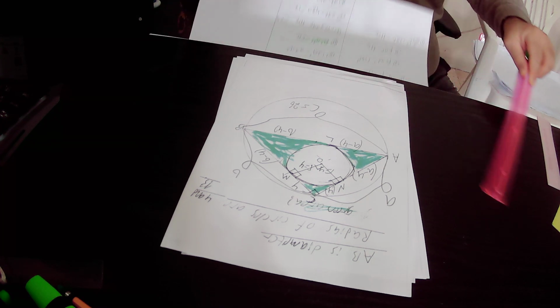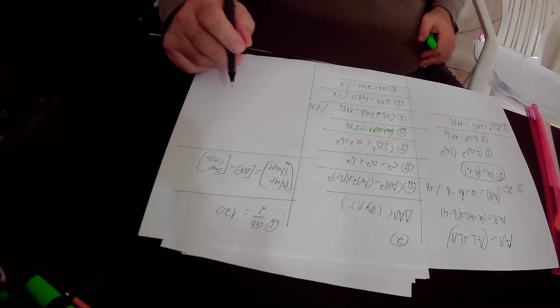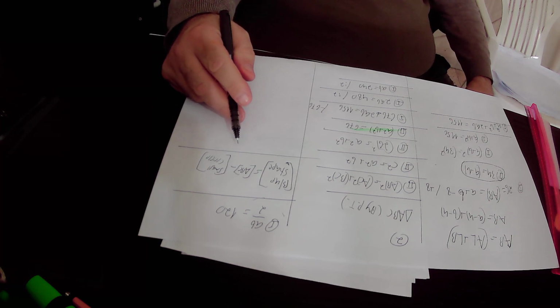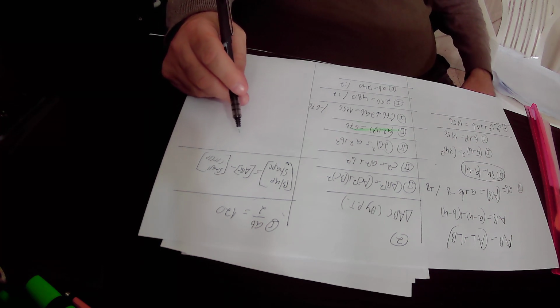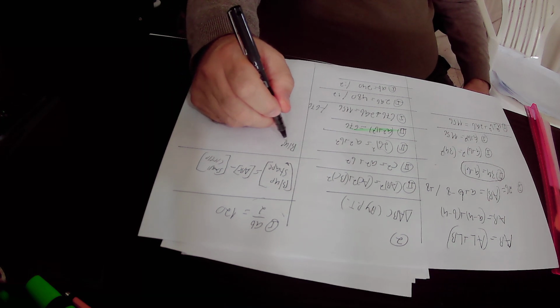I repeat again. From the drawing, it is very easy to see that the area of the blue shape equals the area of triangle ABC minus the area of the small circle.